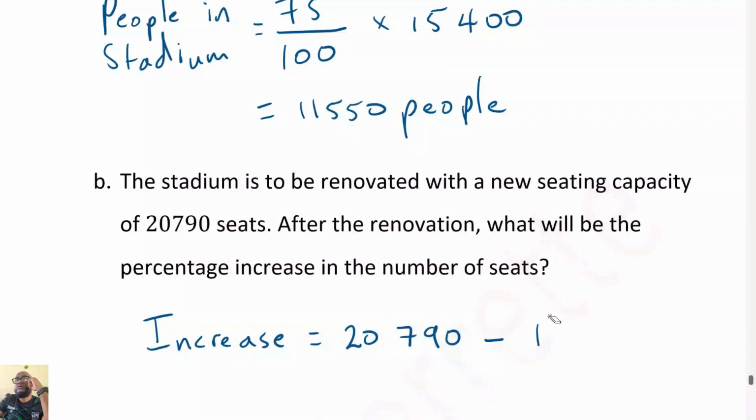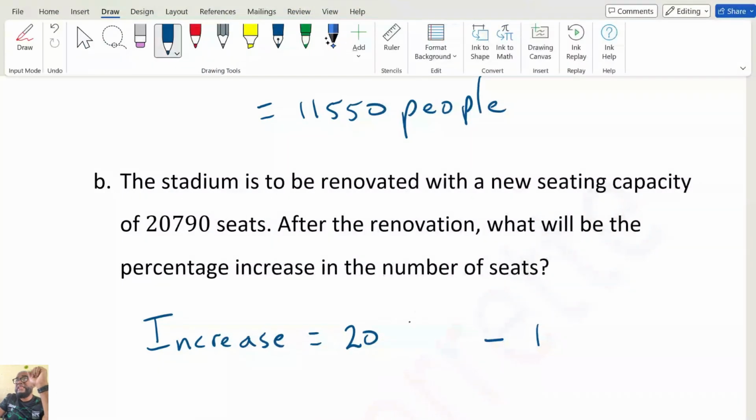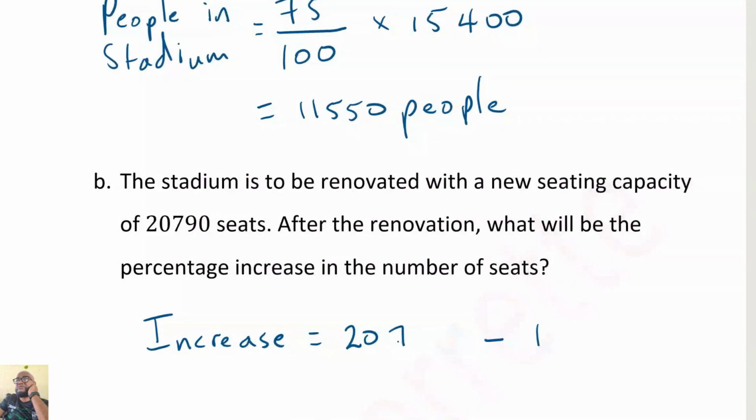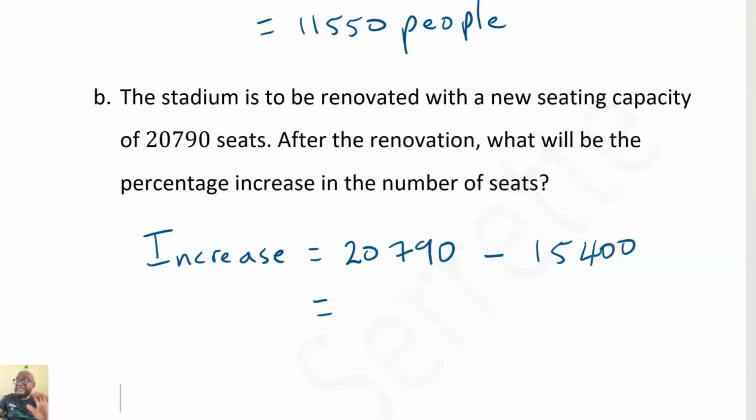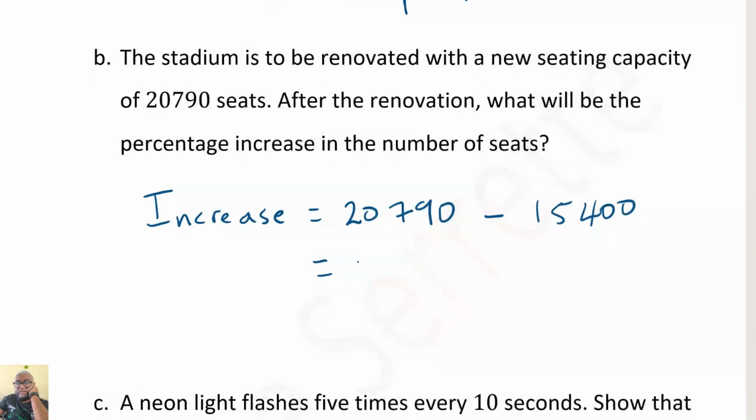That was the people in the stadium when 75% of the seats were occupied. That has nothing to do with this part. It's 15,600. So what's my increase here? 5,190. That's just the increase.